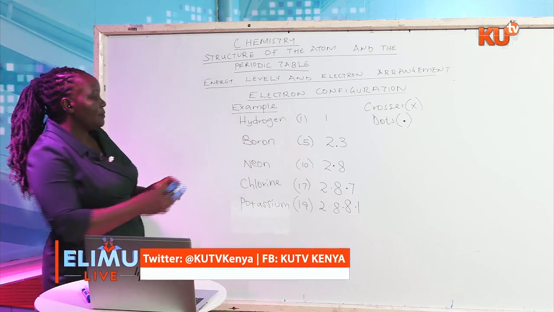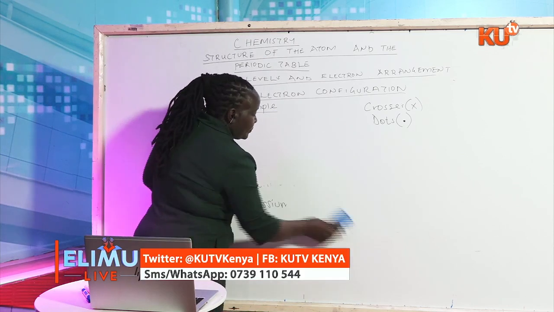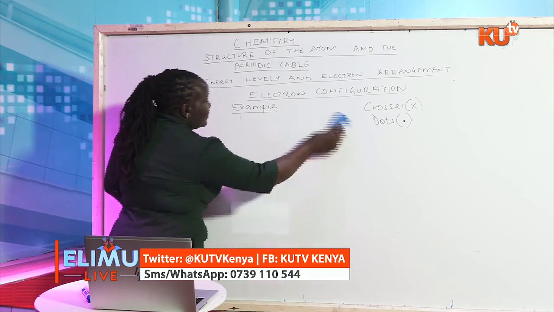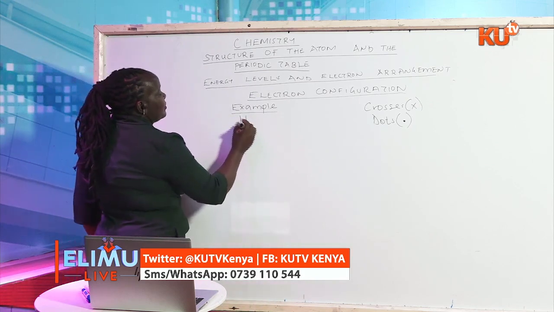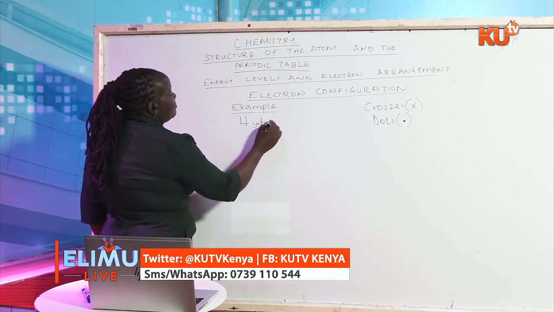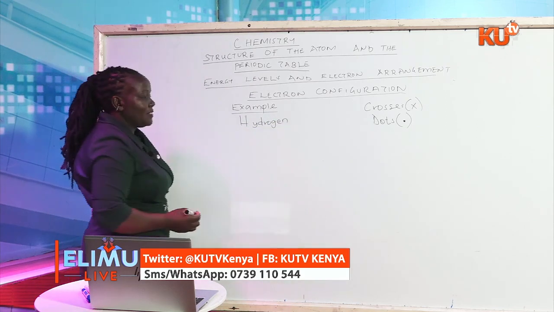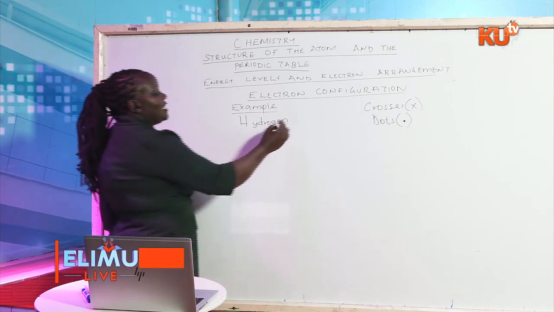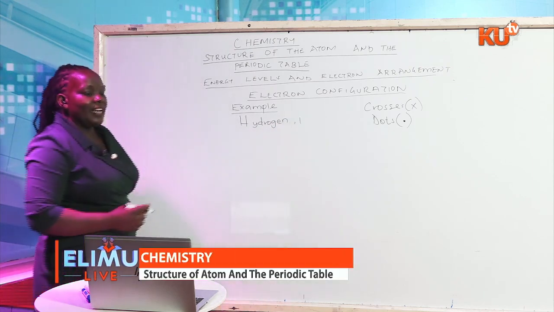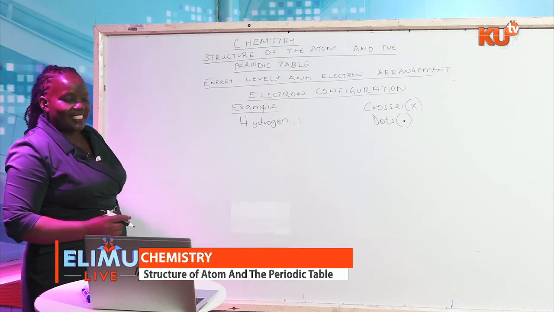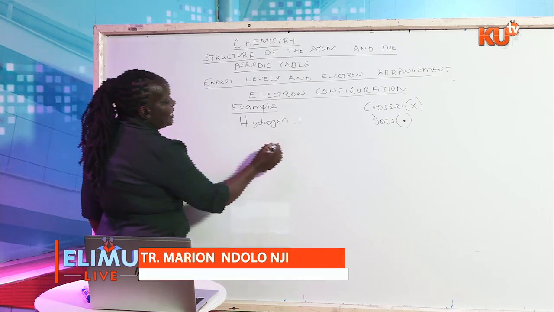that of hydrogen. So we have hydrogen, and from the above example, we have said that it has electron arrangement of 1. Now, we looked at the structure of the atom, and we said that in the structure of the atom, we have the nucleus.